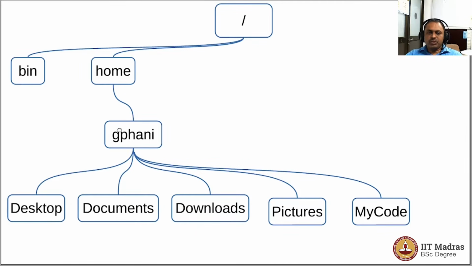If you want to go from the user's home directory upwards, you would say cd space double dot, and then you would be in the home directory, and then cd double dot, you will be in the root directory. From the root directory, if you give the absolute path, you could go anywhere you wish, or you could use cd with the name of the directory to traverse one level at a time.